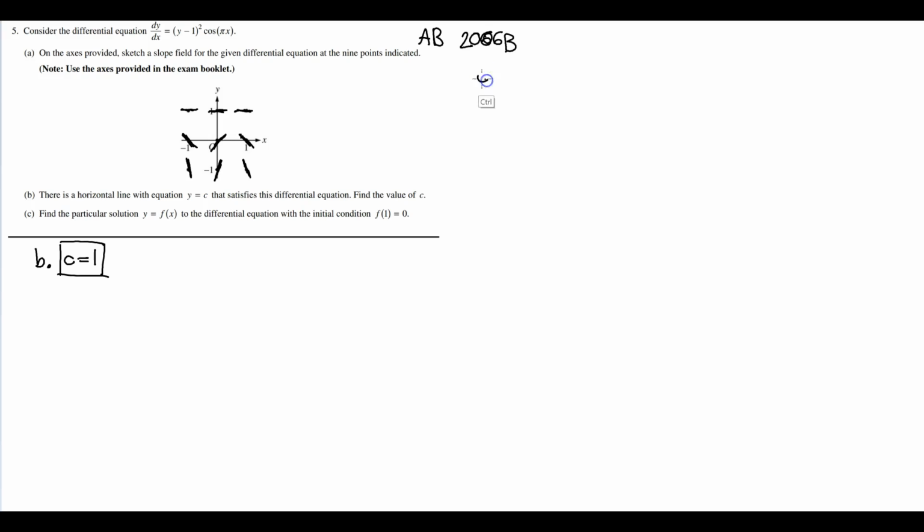Now, part C: find the particular solution y equals f of x to the differential equation with initial condition f of 1 equals 0. We have dy/dx equals (y minus 1) squared times cosine of pi x. What we have to do is use separation of variables.